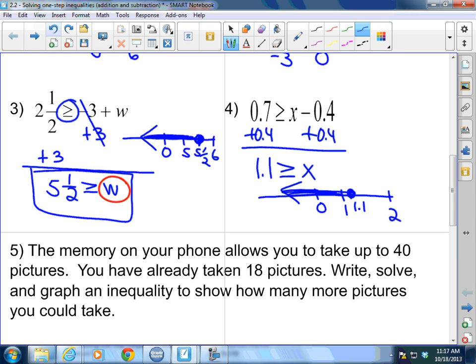Promise? Yes, sir. The question is, why can't you just put 1.1, Mr. Morrow? When we're dealing with whole numbers, I can accept that. But when we're dealing with decimals, I want you to understand that 1.1 is between 1 and 2. I know that sounds simplistic, but I got to make sure that you guys understand where these numbers are, that you understand the location of them.